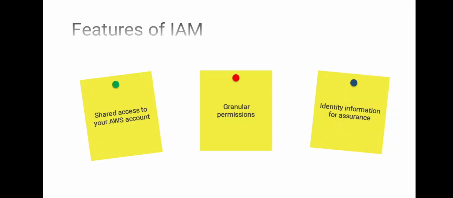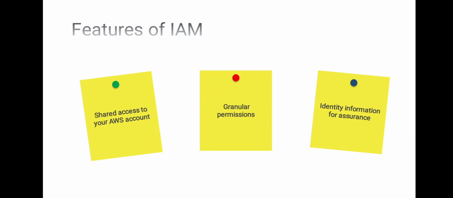By this, you are able to grant permissions according to the resources, which means you can give all access to Amazon EC2, or all access to S3, or access to any AWS service. That is what granular permissions are.